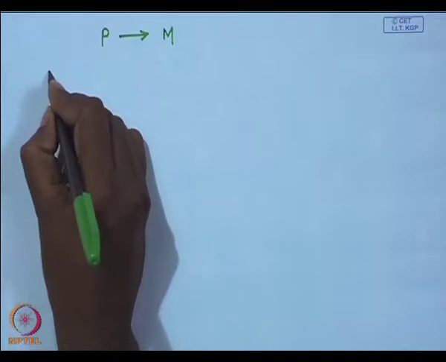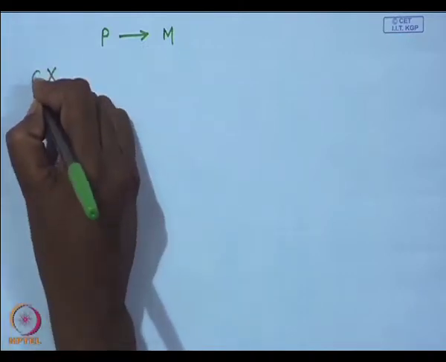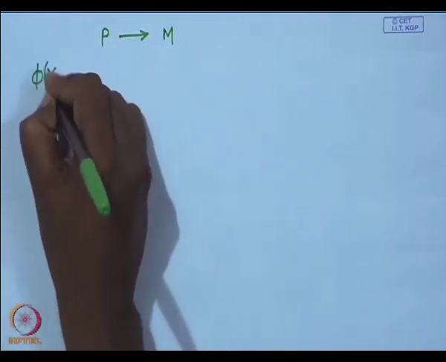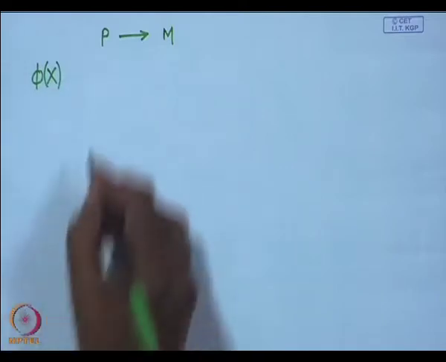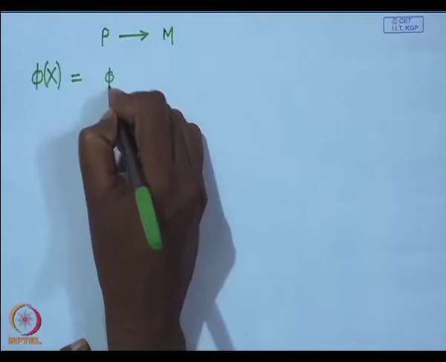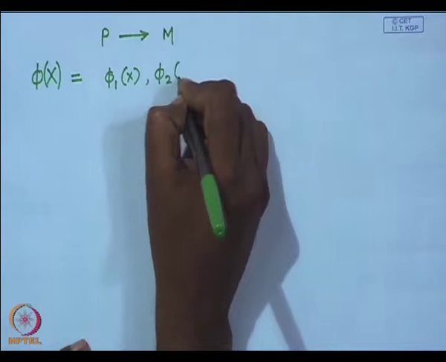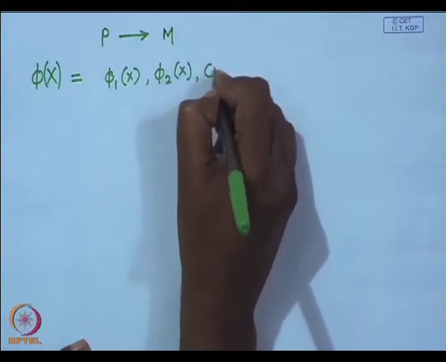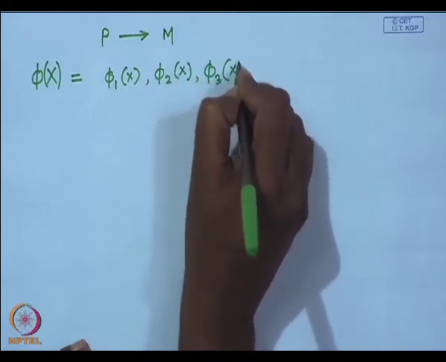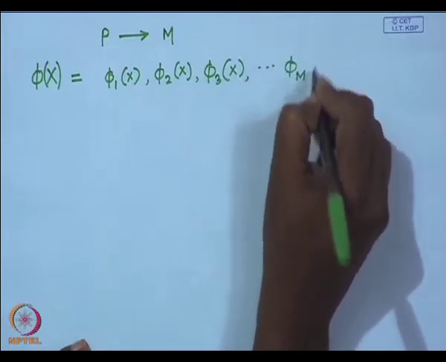So, how is it to be done? A given feature vector x is subjected to a function phi. So, phi of x, where this phi of x is of the form phi 1 x, phi 2 x, phi 3 x up to phi m x.